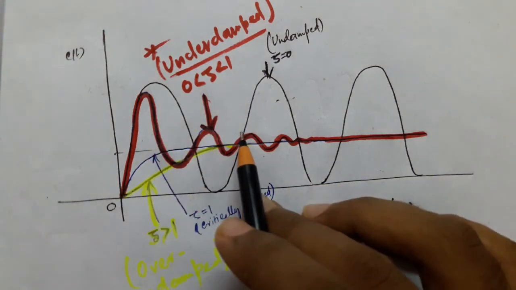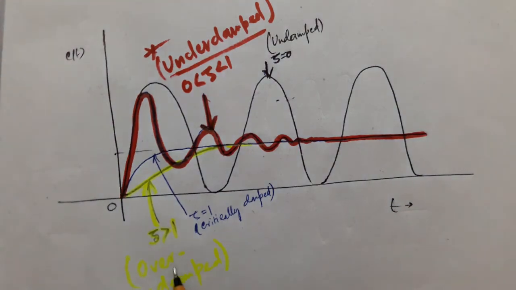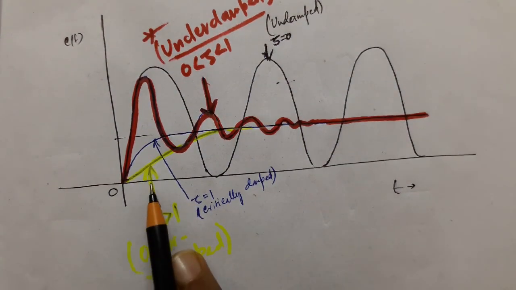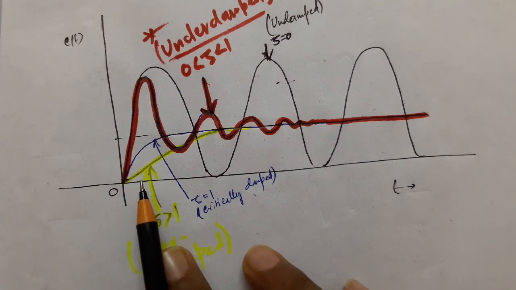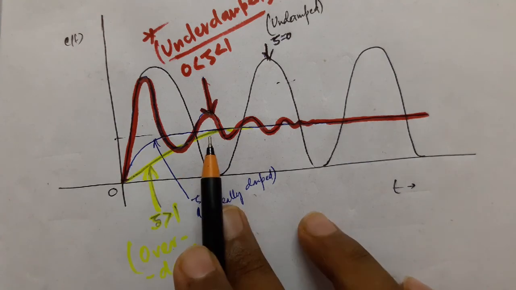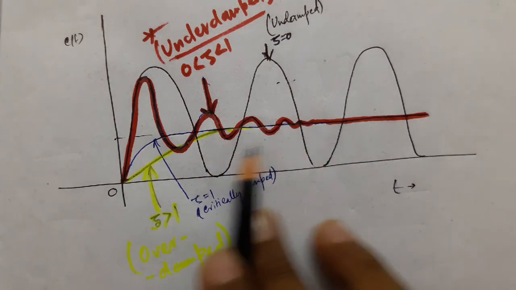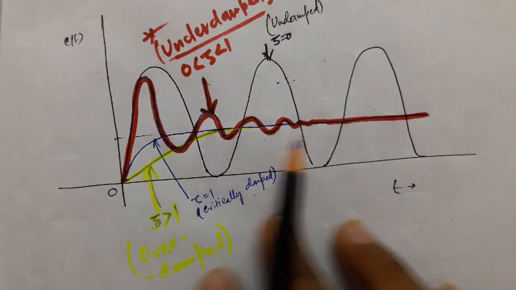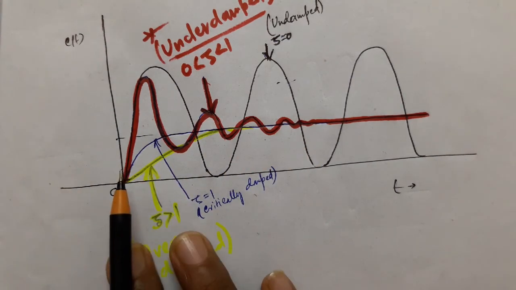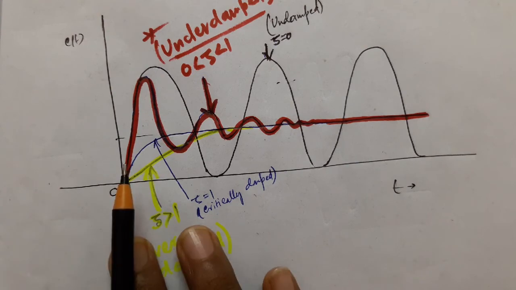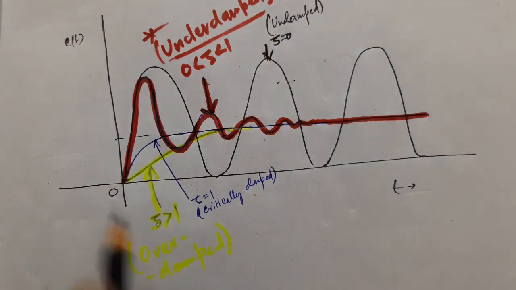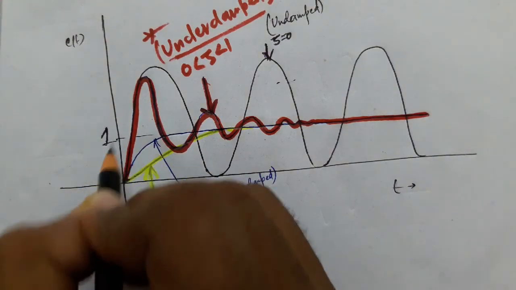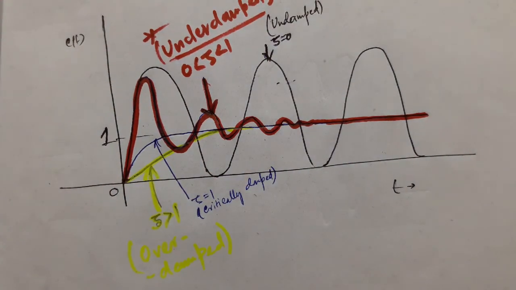So the plot is like this. For the overdamped condition, the plot was like this, meaning it was very quickly getting to the steady state value, 1, as we are feeding the step input, so it is giving the step response, acquiring the value of 1.